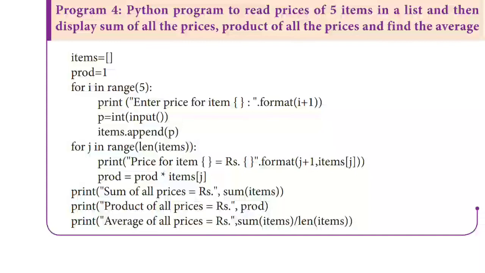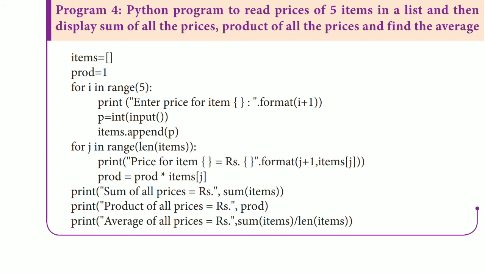Python program to read price of 5 items in a list and then display the sum of all items, products, and all prices, and find the average. So these are the product functions. Here you can see which products are available and how many items you have purchased, all are added here. You can see items dot append p.